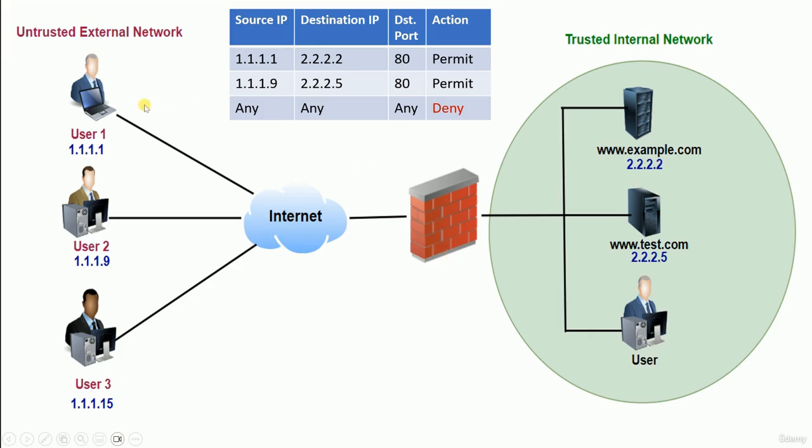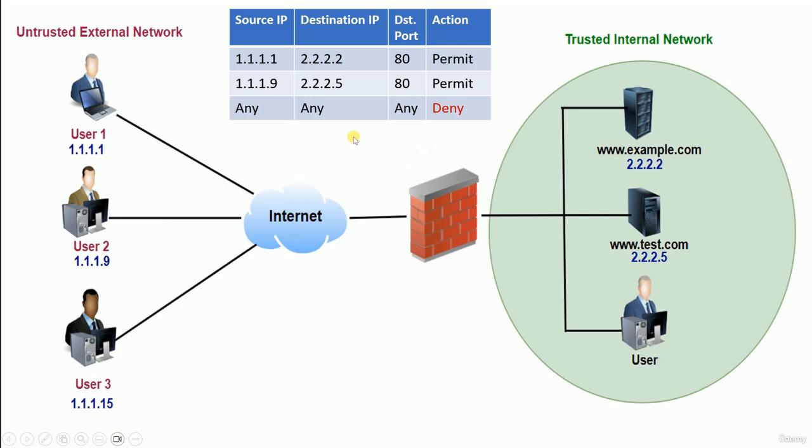Similarly, when user 1 wants to connect to test.com, when his request comes from here to the firewall, the source would be 1.1.1.1 and the destination would be 2.2.2.5. In that case also the firewall will look at the policy, but this time it has only a valid security policy to permit when this user wants to connect to the destination which has the IP 2.2.2.2, and it doesn't have any valid security policy to permit the transaction for the destination 2.2.2.5 for this user, right?